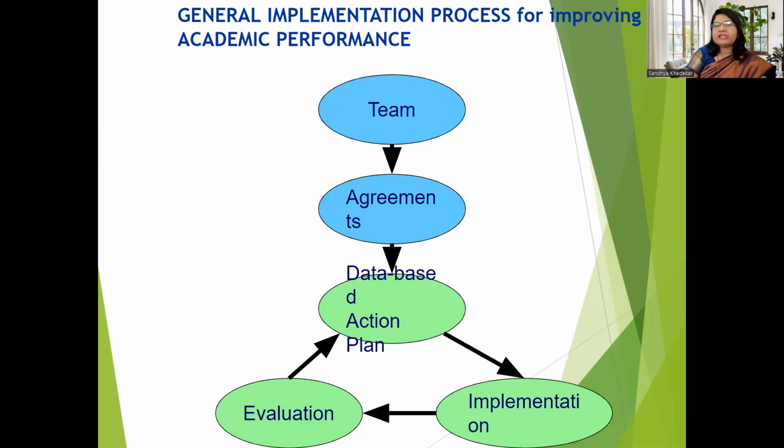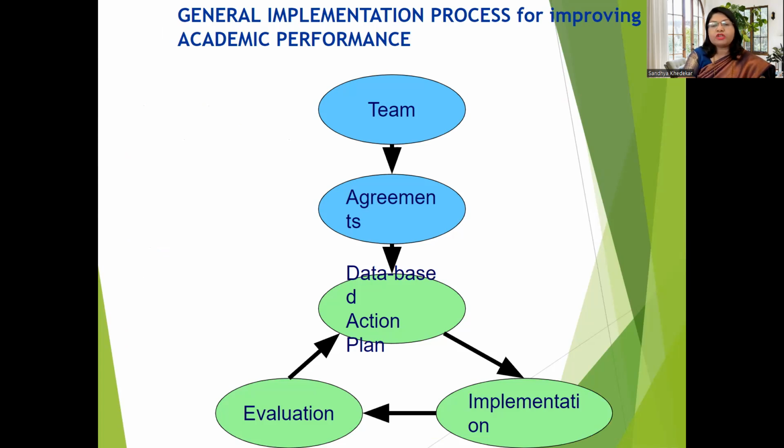It is very much challenging again to use different tools for our e-content. The general implementation process for improving academic performance in the inclusive classroom situation is we have to build a team, we have to do teamwork, we have to make different agreements, database, action plan, implementation on it, and evaluation.